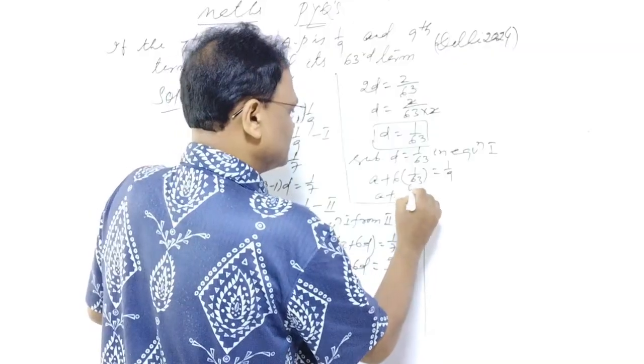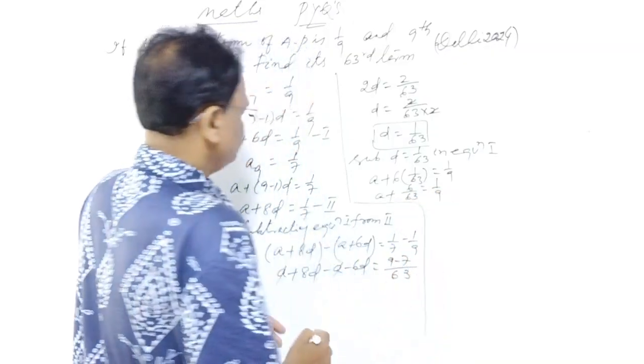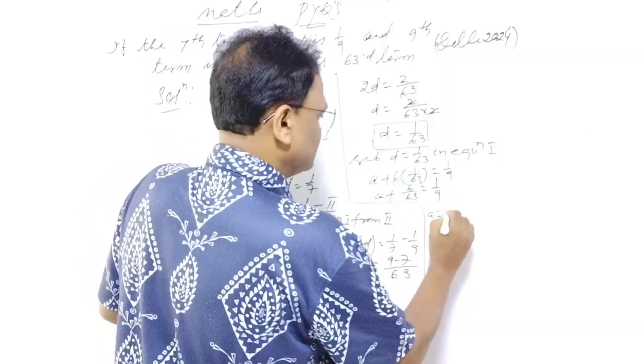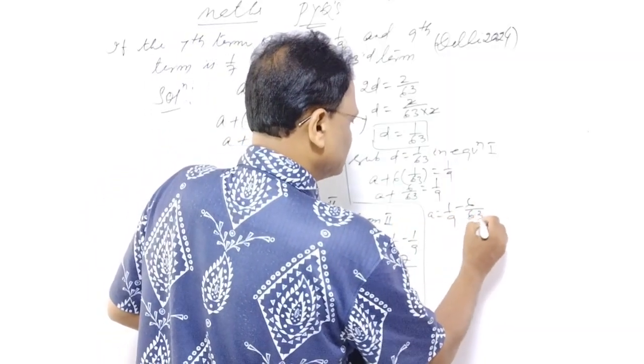A plus 6 by 63 is equal to 1 by 9, or A is equal to 1 by 9 minus 6 by 63.